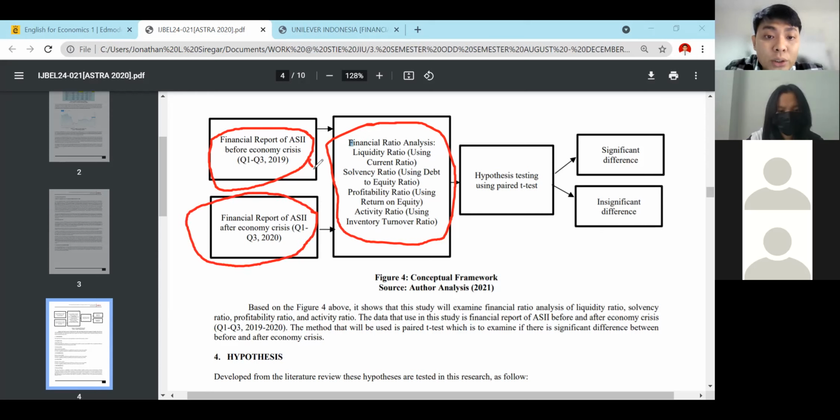And then they use the measurements of financial ratios that you already explained a bit. Again, do not worry, we haven't stepped into these stages. You see, financial ratios: the liquidity, the solvency, the profitability, and the activity ratios, until they got the hypothesis.